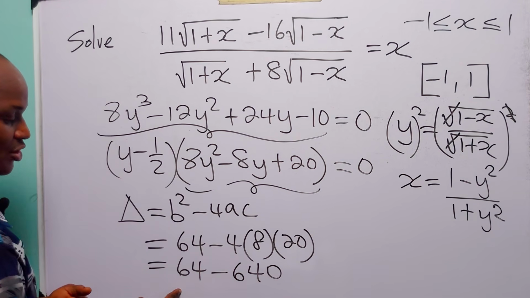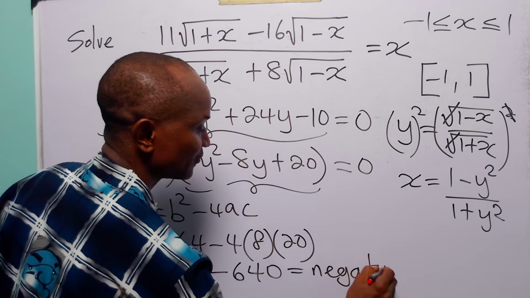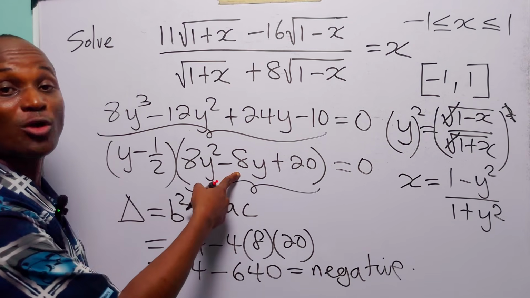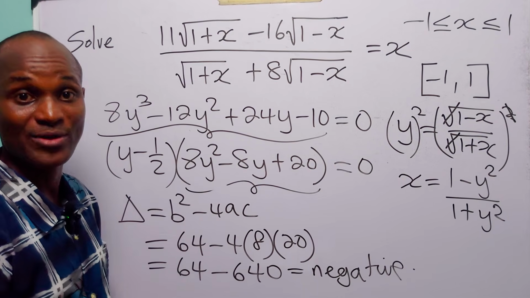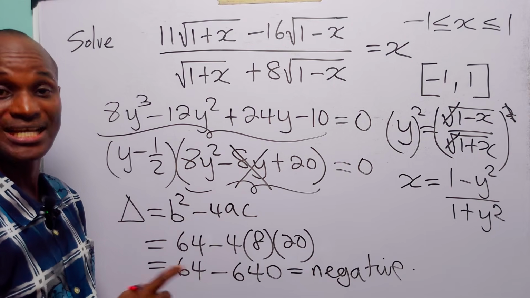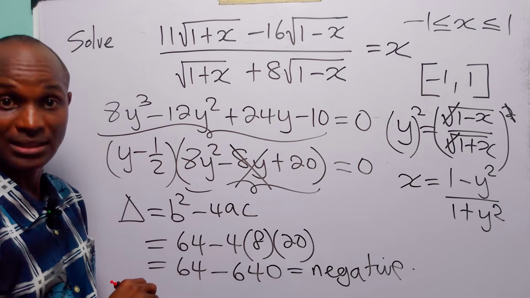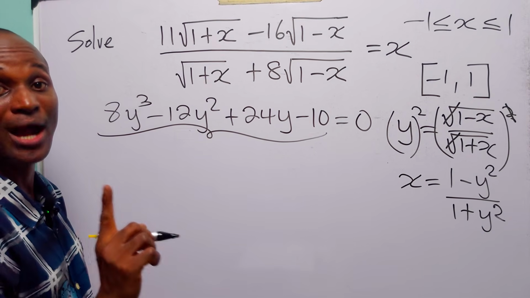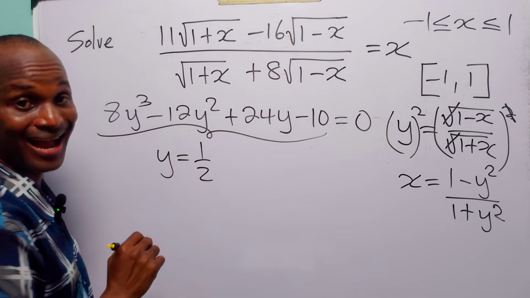Looking at this, you will immediately see that this is a negative number. And you know that when the discriminant of a quadratic equation is negative, then that quadratic equation has no real roots. That means that this quadratic equation is useless to us in finding the real values of x that satisfy this radical equation. That means that from this cubic equation, we have only one real value of y. That is y equal to half.